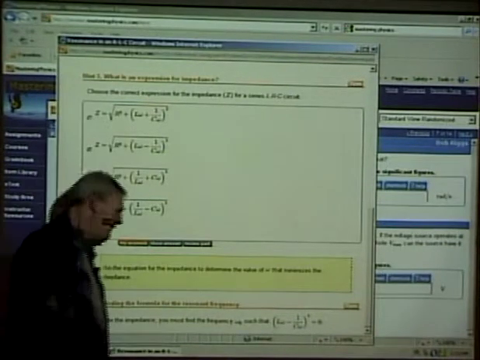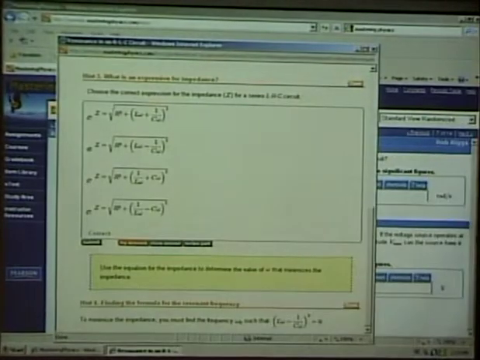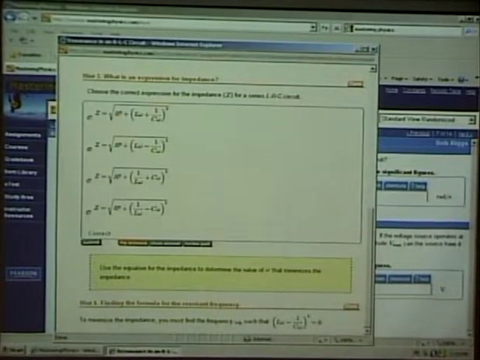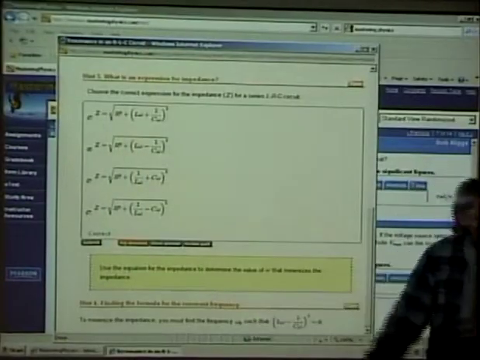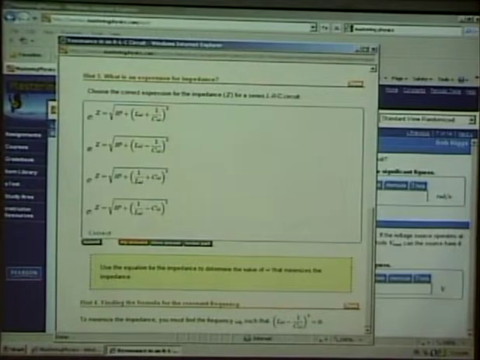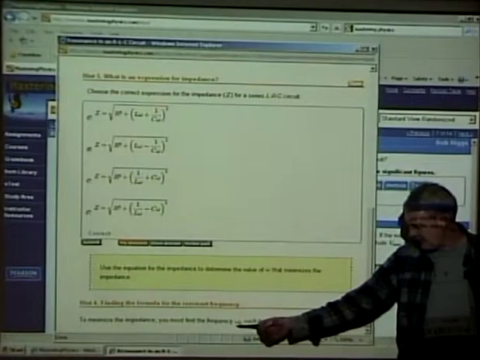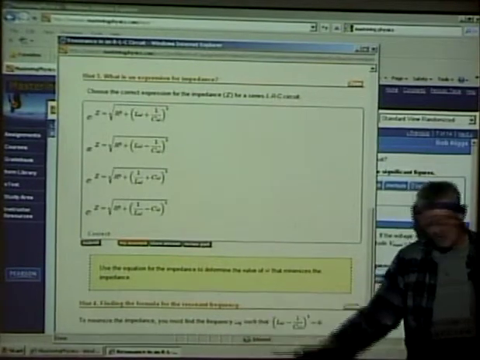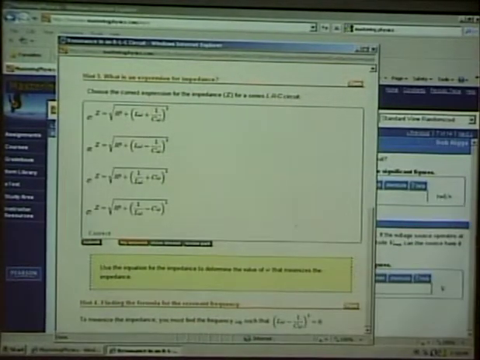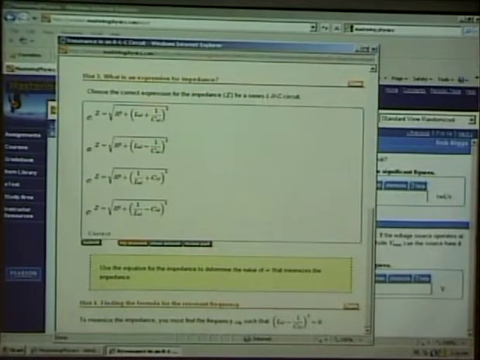Those of us in physics sometimes bandy about the word frequency, and it can drive someone crazy who's not tuned in to what we're doing, because you're going, wait a minute, that looks like radians per second to me, not a frequency. Yeah, that's true. But all I have to do to get my frequency is divide this by 2 pi, because 2 pi times the frequency equals the radians per second.